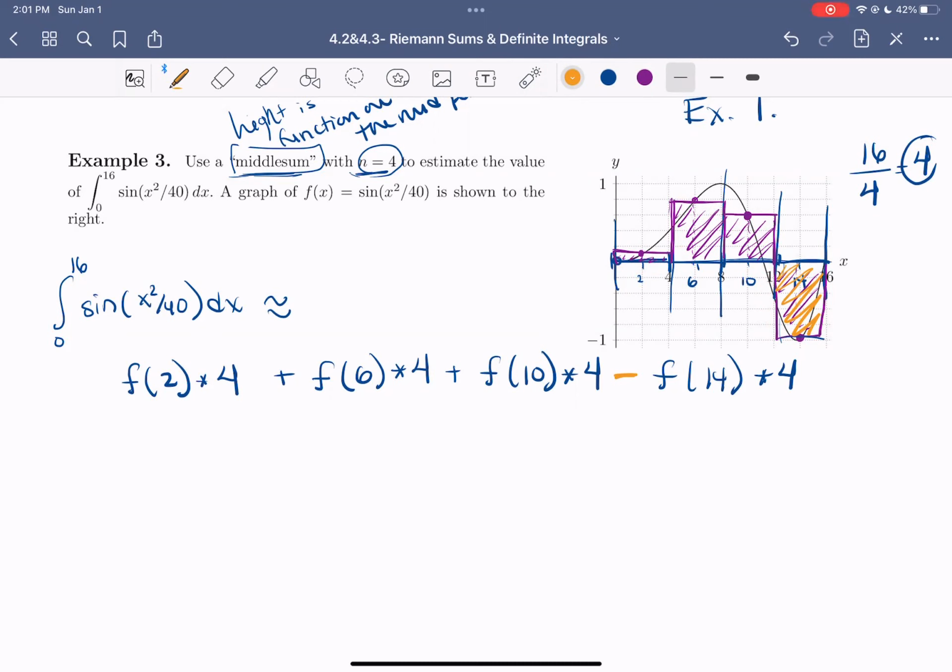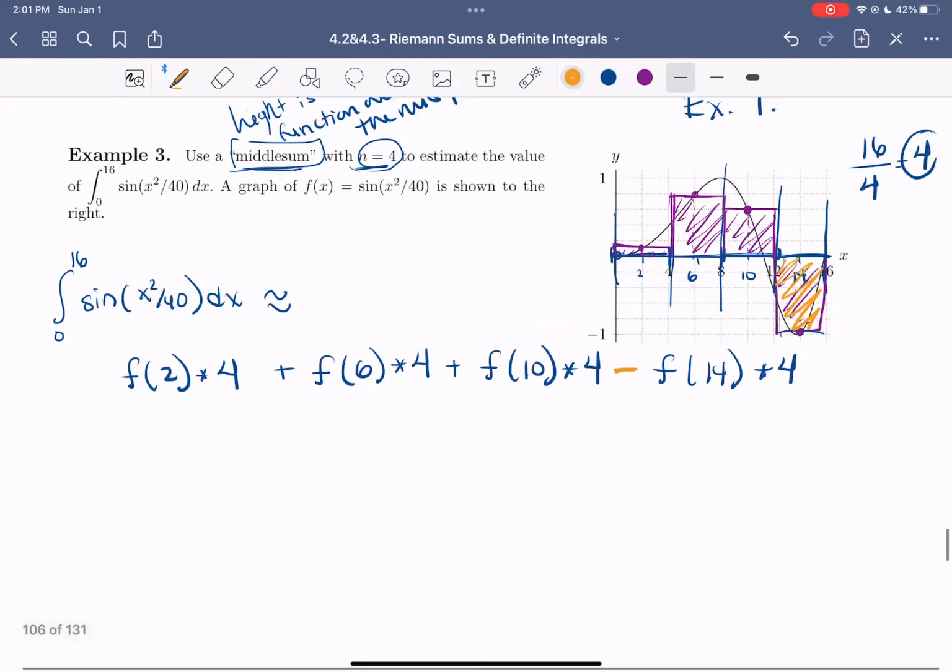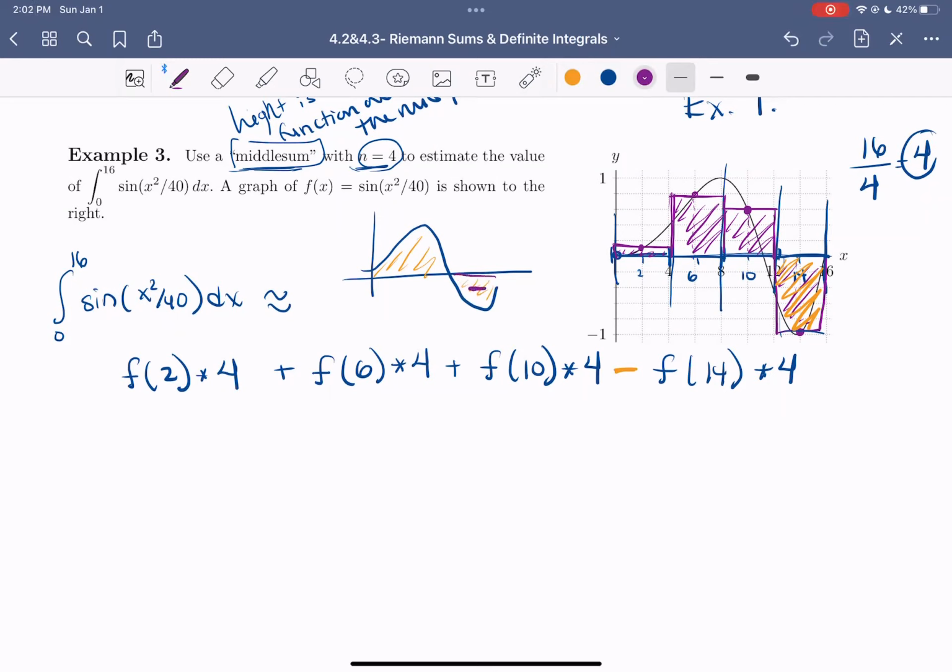This is also the case once we get into more and more rectangles. For example, if we're looking at a smooth curve like this, we consider the area below the x-axis as negative area. We'll see more of that in future videos, but this is something to keep in mind.